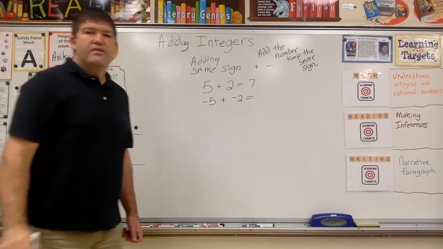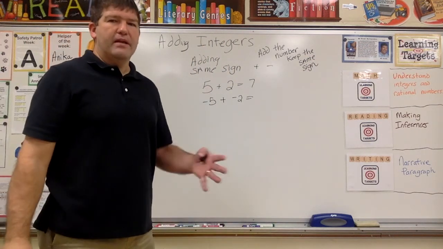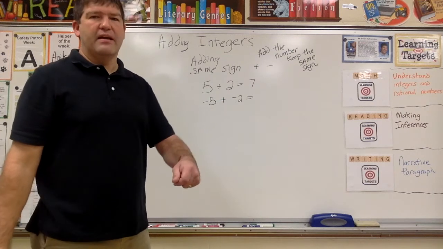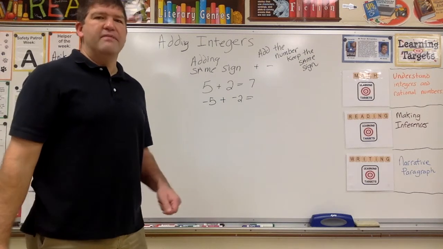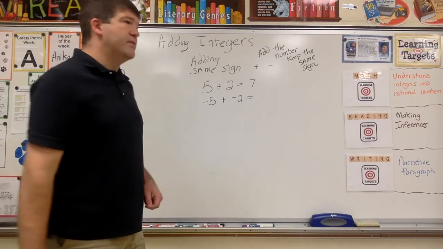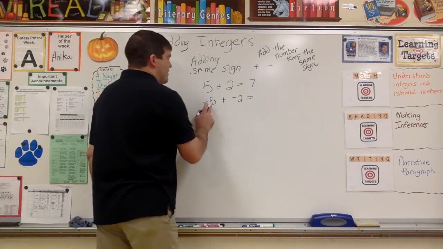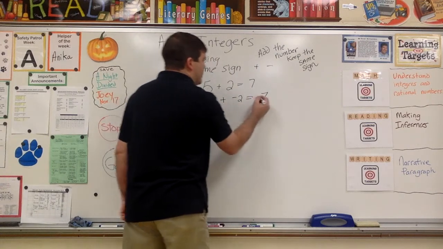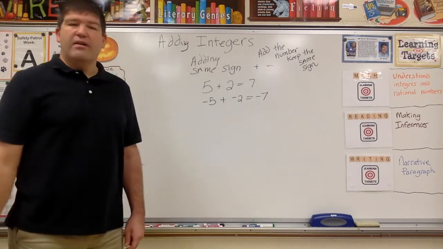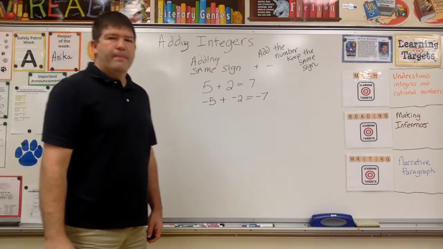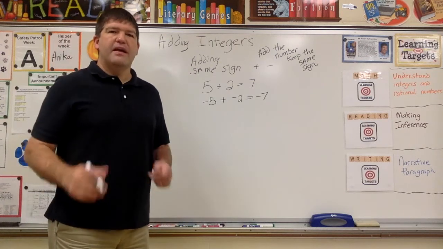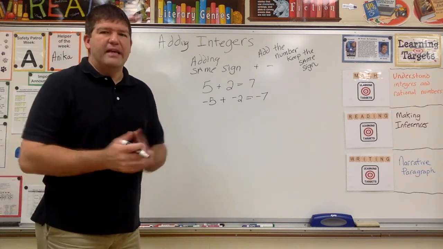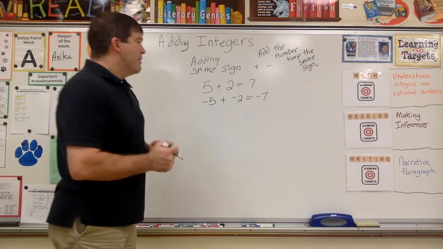If it's negatives, I keep the negative sign and add the two numbers. If it's positive, I keep the positive sign and add the two numbers. So negative 5 plus negative 2: 5 plus 2 is 7, and I keep the negative sign, so I have negative 7. When it's the same sign, you just add them together and keep the sign. That one's pretty straightforward.